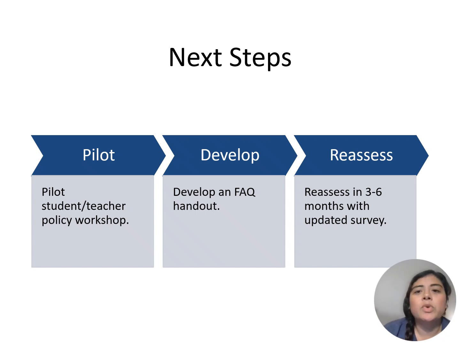So my next steps would include sharing these findings definitely with the math department chair, and putting our heads together to initiate a pilot in one or two classrooms, and then gathering real-time feedback from both students and teachers.